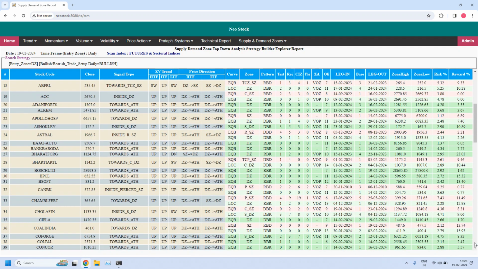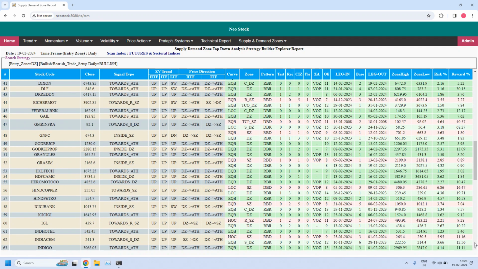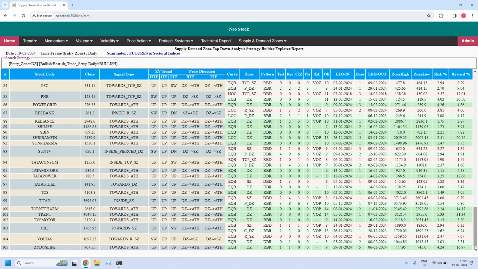So I'm scrolling down. So total 105 stocks are currently supporting bullish trade setup. But here some of the stocks might be pierced. There could be some pierced demand zones. We don't want them.